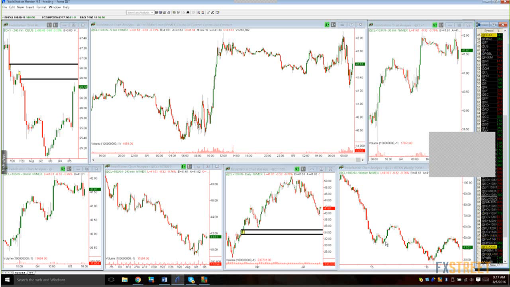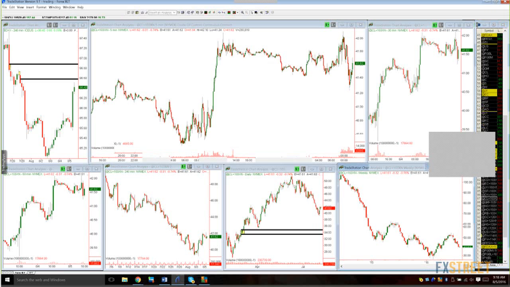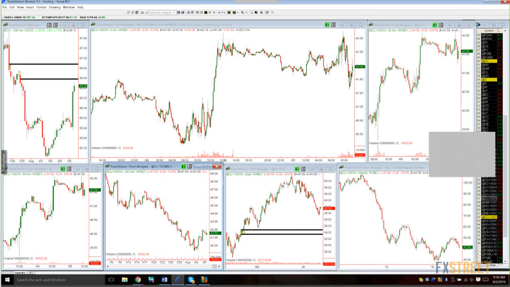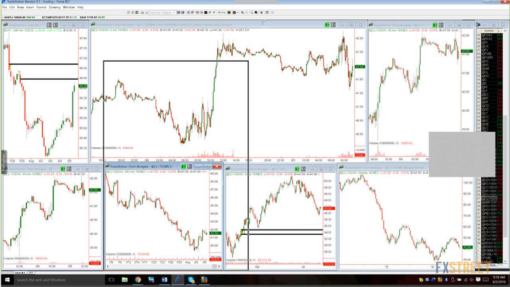Okay, here's crude. So what we have here, I know this chart very well. We've got some supply at 42.90, and I'll put that in here in a second. We probably want to look at this chart right here.